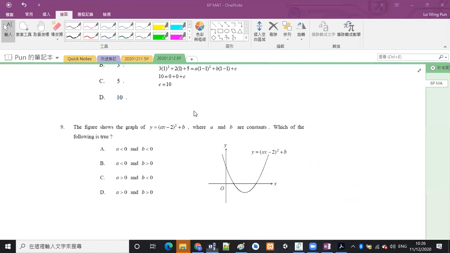Can you see that from the graph? The vertex is here. The vertex is on the bottom right corner, bottom right box. This is h. I mean the coordinates is h and k. And because it is on the bottom right corner, so the h value should be positive. But the k value will be negative.